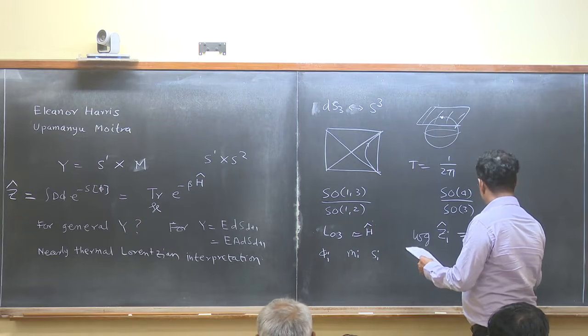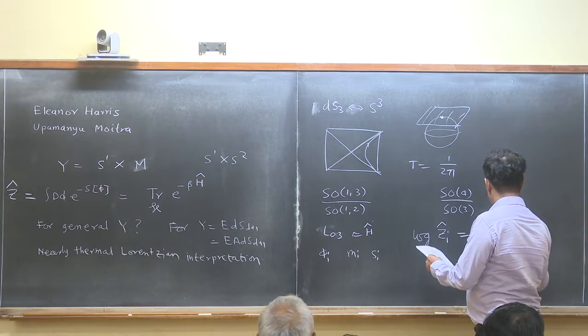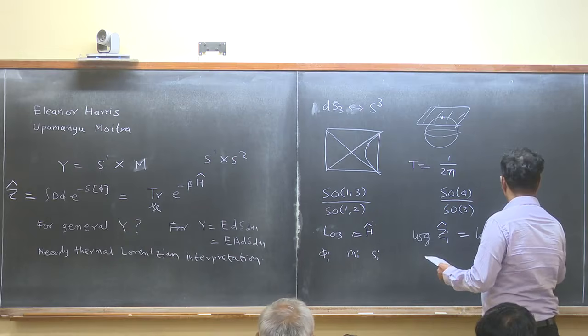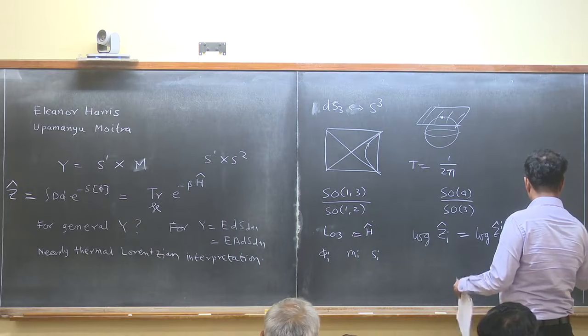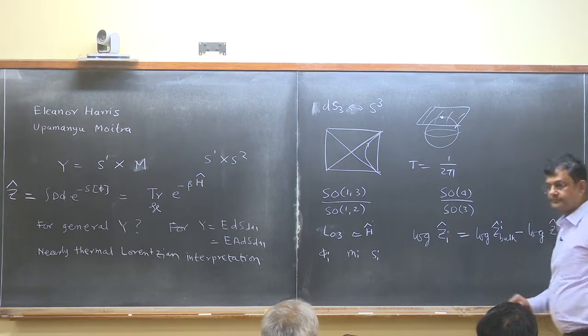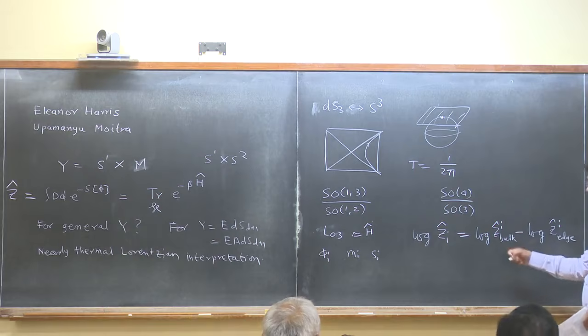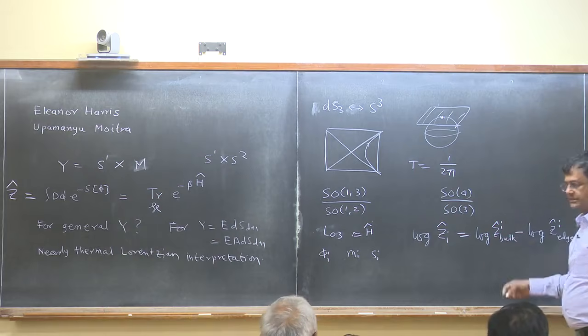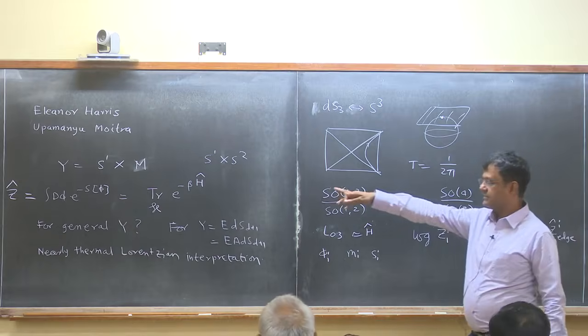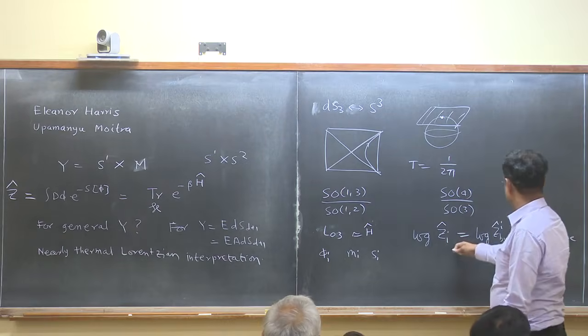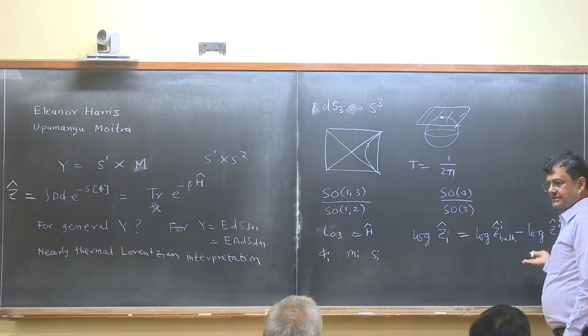These people showed that you can write it as log Z bulk minus log Z edge. Whereas this Z hat, another way to write it is as a ratio: Z hat can be written as Z bulk divided by Z edge.